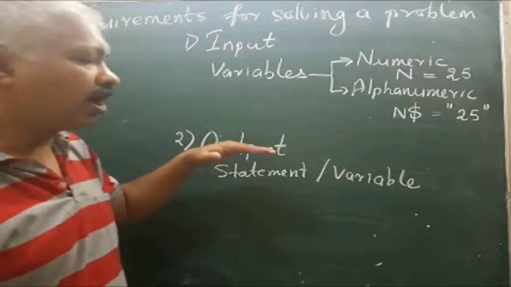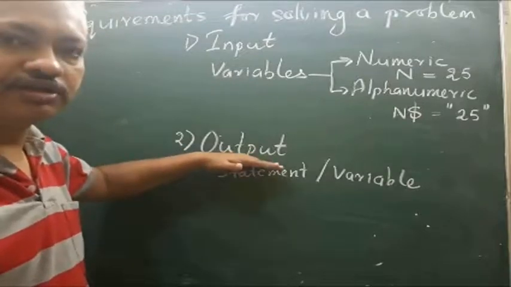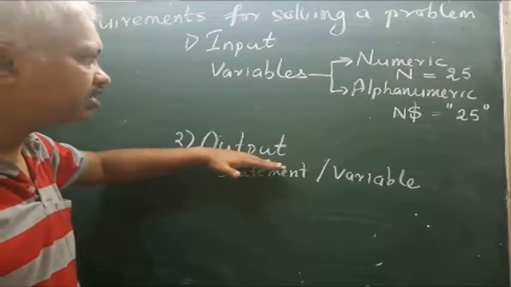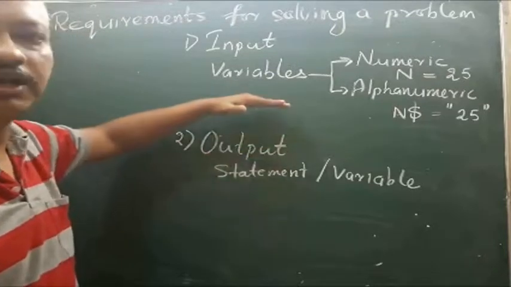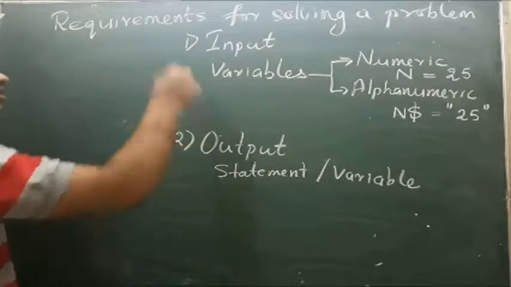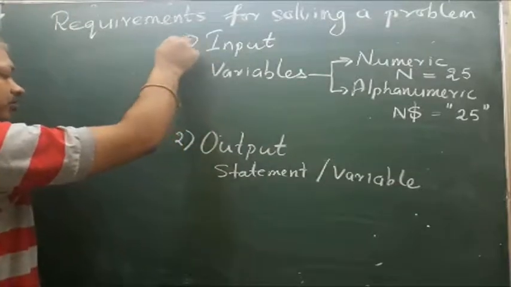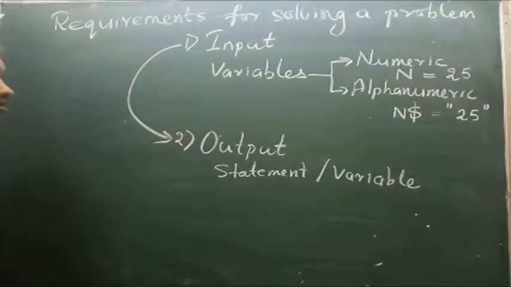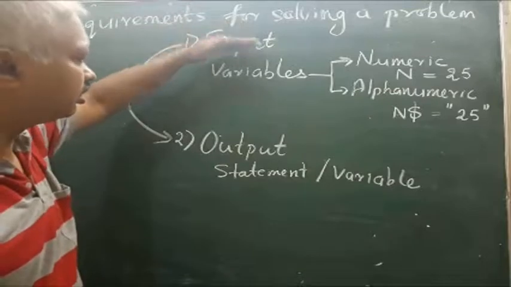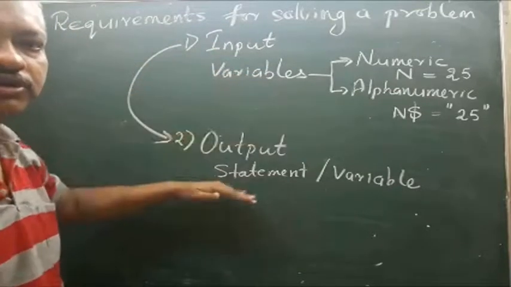Now, the output is very important, because based on what the output is, you are going to have a processing logic, means how you are going to convert this input to the output, because we have to do something during the conversion process of input to output.